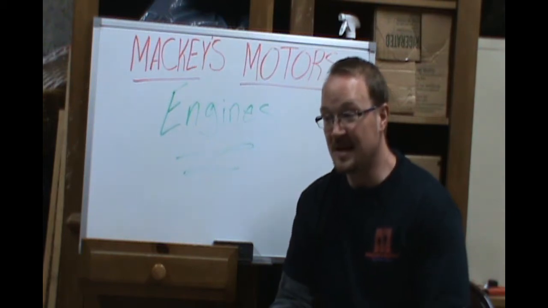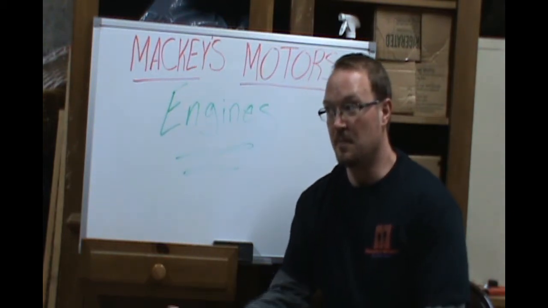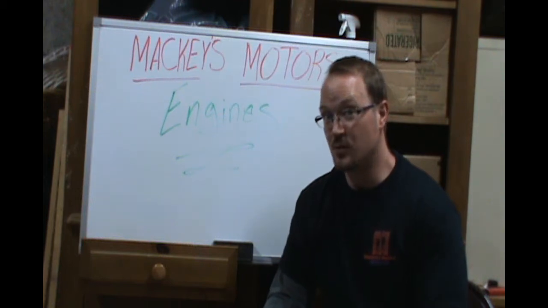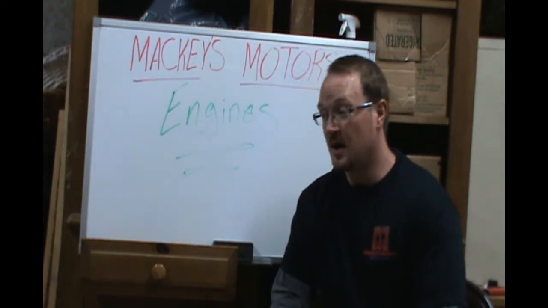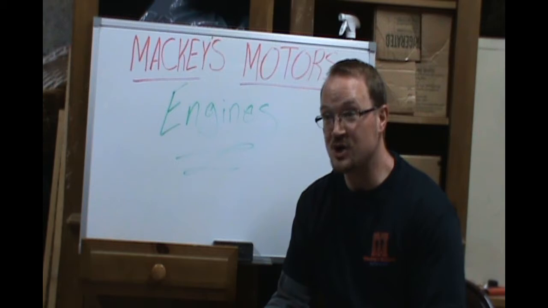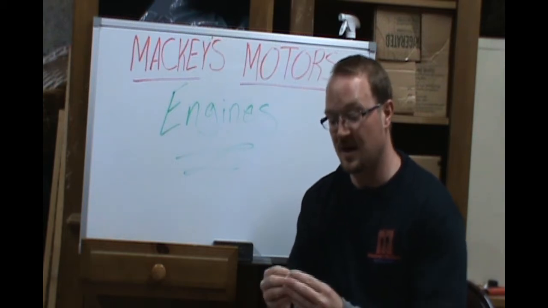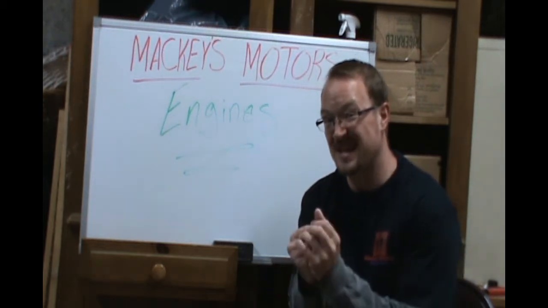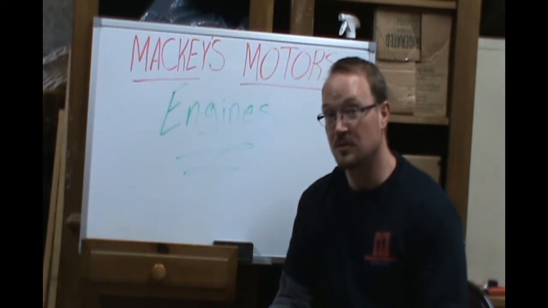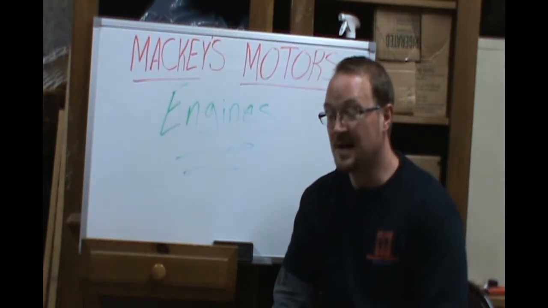So, taking into account amount of air versus amount of fuel, which we call the stoichiometric ratio, and what type of compression we need inside that cylinder for the gas and the air to be compressed together in order to create proper combustion, you've got to be a pretty good engineer.